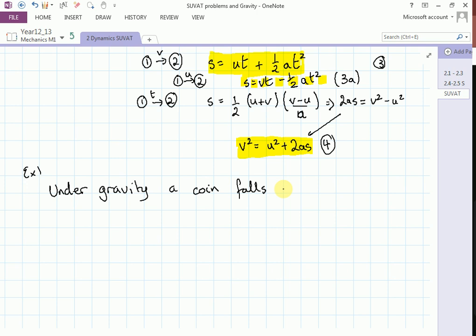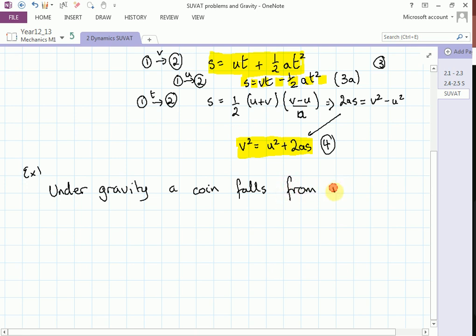So under gravity, a coin falls from rest. There's one of your keywords. From rest, from 12 meters.